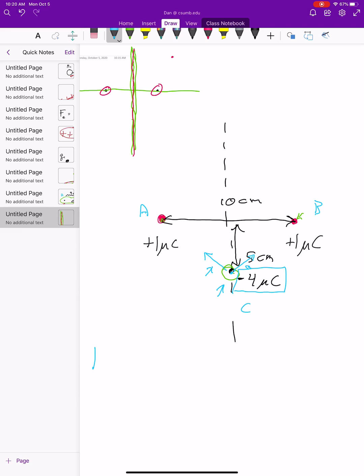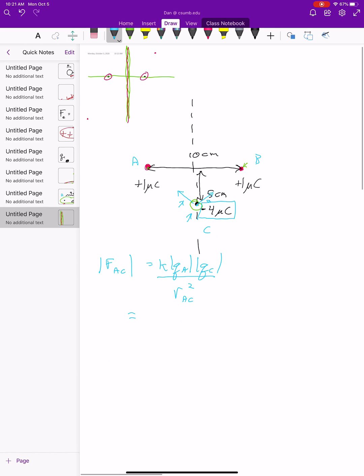The size of F_AC, the force that charge A exerts on charge C, is equal to k Q_A Q_C divided by R_AC squared. Sorry, I made a mistake, this should be C. All right, so I need to figure that out. How big is that going to be?